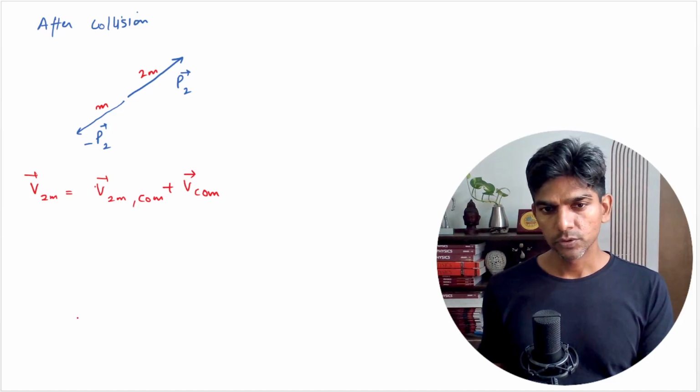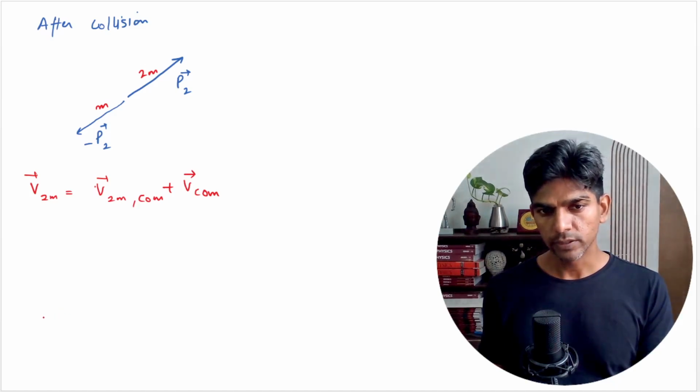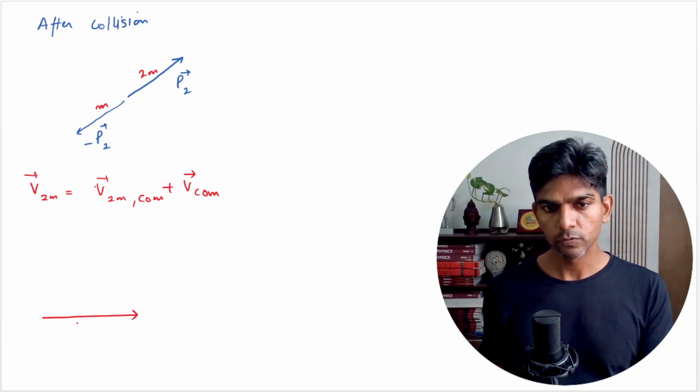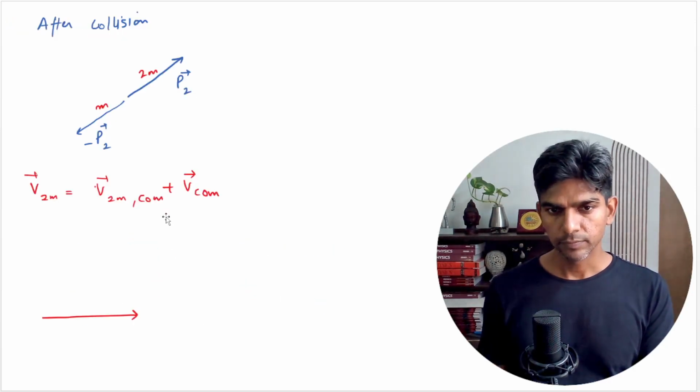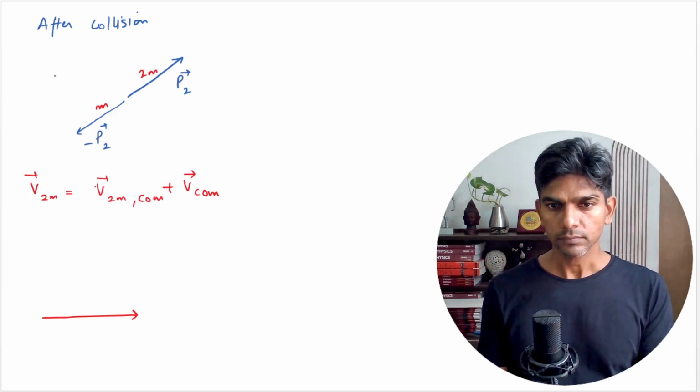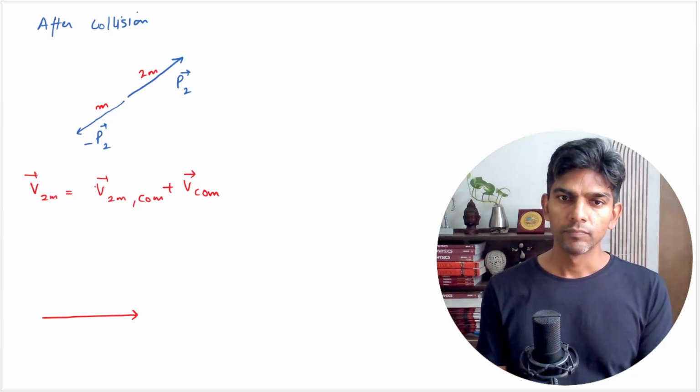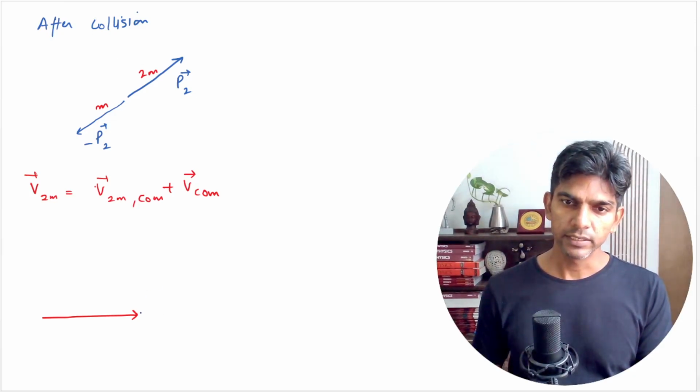So if I show the velocity of the center of mass, this will be the velocity of the center of mass, which is nothing but 2u by 3, and this is, let us say, the new momentum of 2m in this direction.